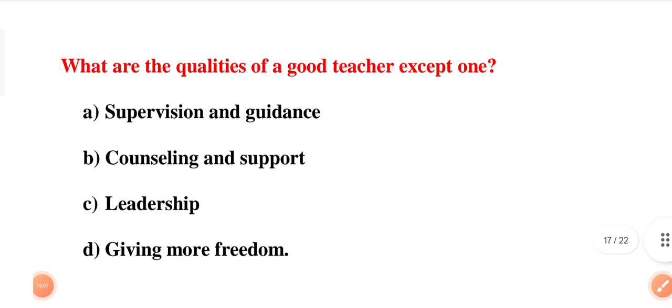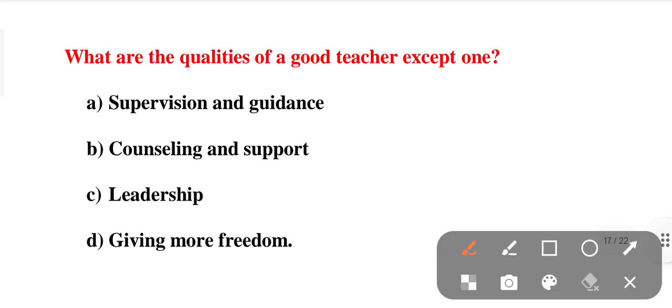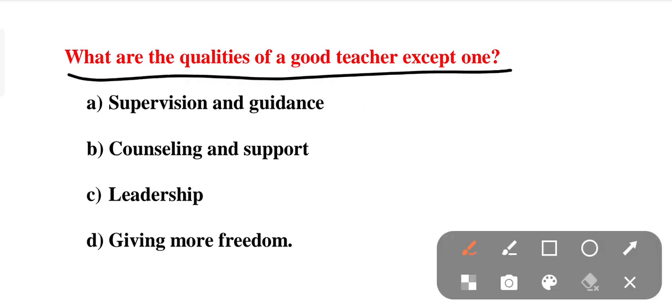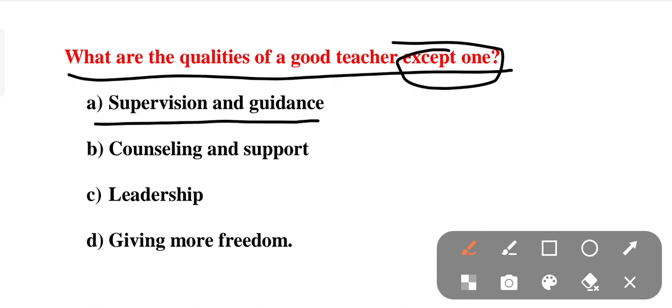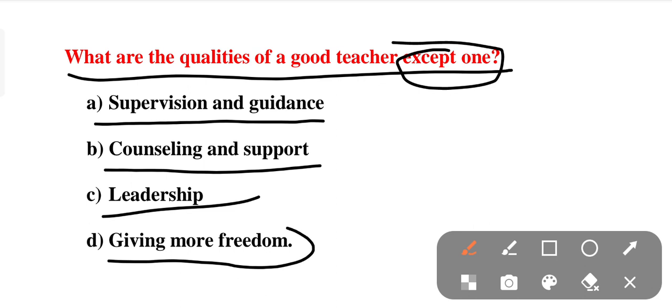So the next one is, what are the qualities of a good teacher, except one? Here I am asking which is not a good quality of a teacher. Options are A, supervision and guidance, B, counseling and support, C, leadership, D, giving more freedom to the students.